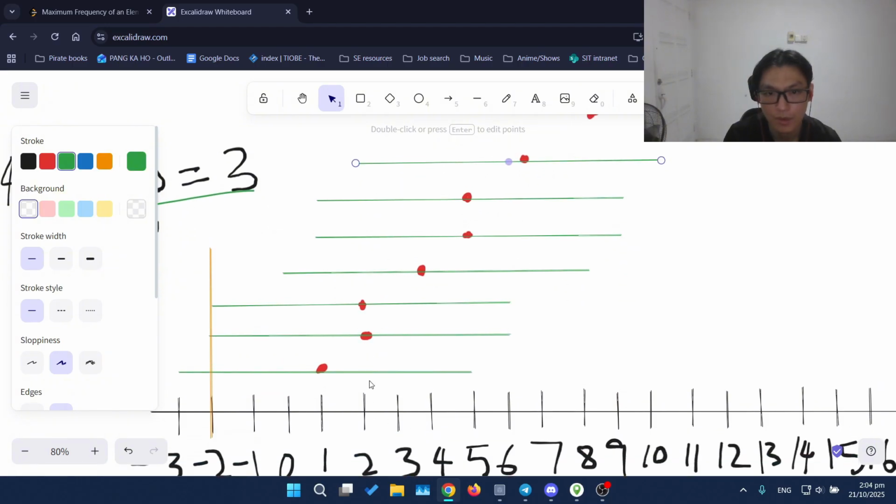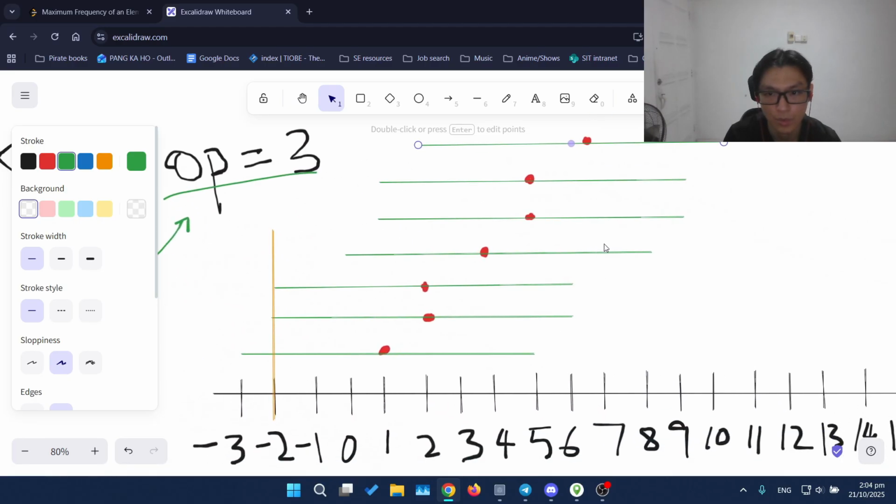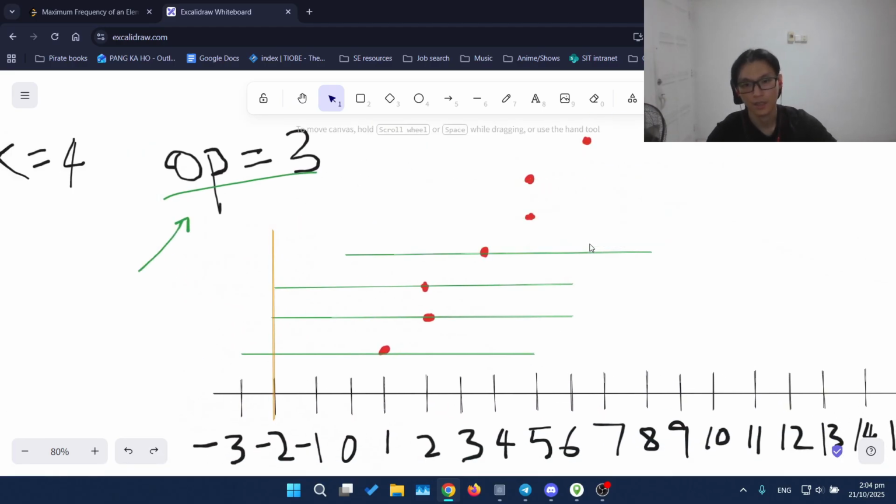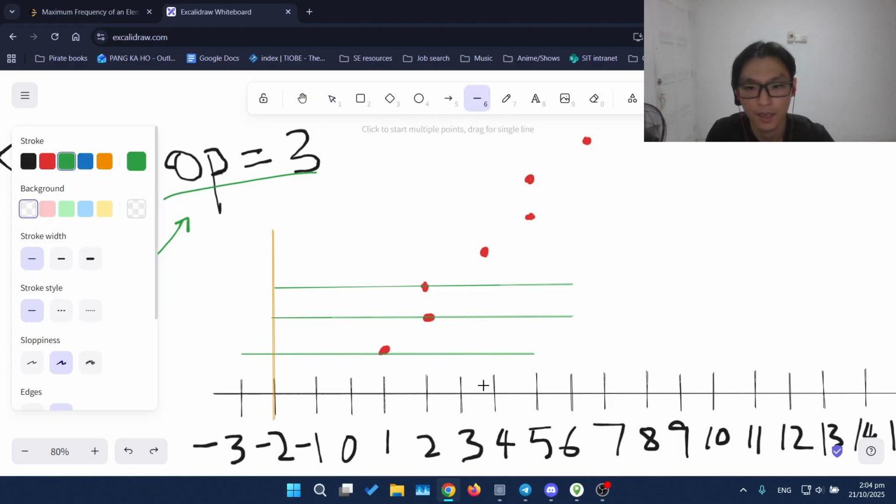Seven. Reach to. Nope. Okay, I think I better draw it nicely. There's 0 to 8.